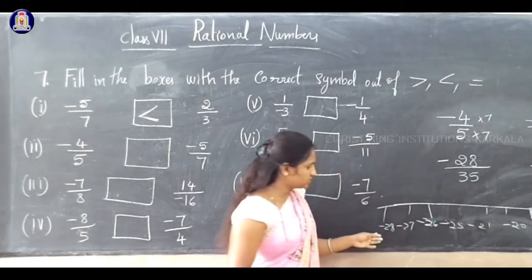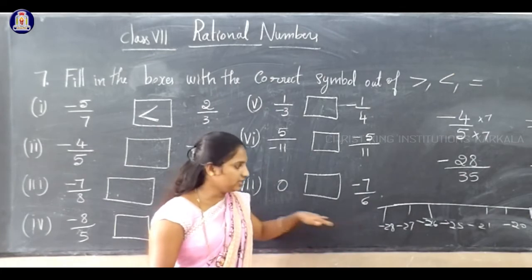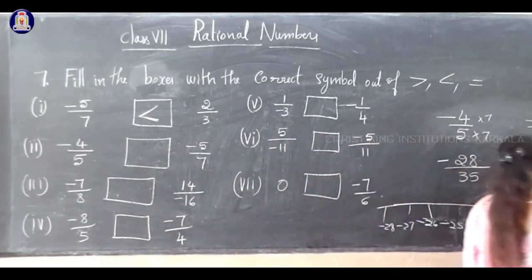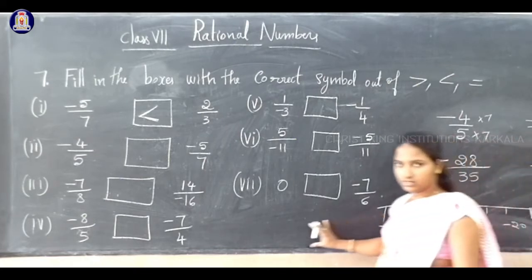So the values are decreasing. If you go to the right-hand side, these are positive integers, and the values are increasing, because plus 1, plus 2, plus 3, plus 25, plus 28 are positive numbers, the values are increasing, and in the negative the values are decreasing.